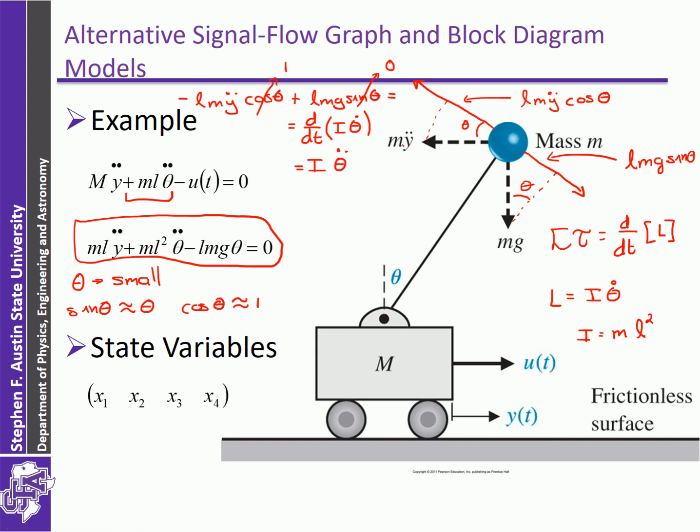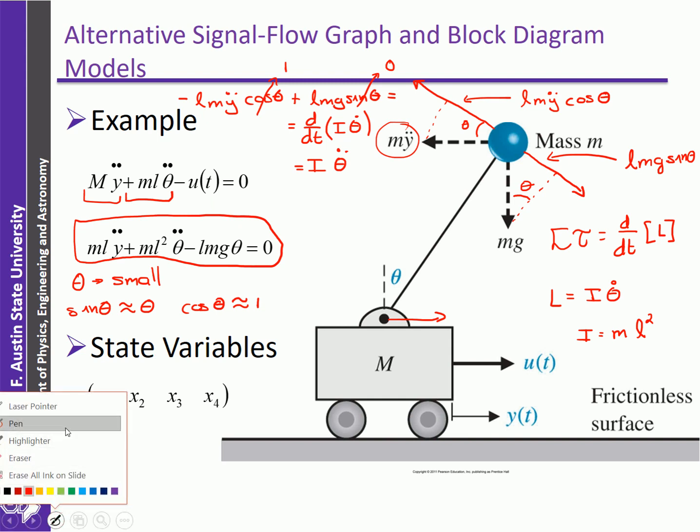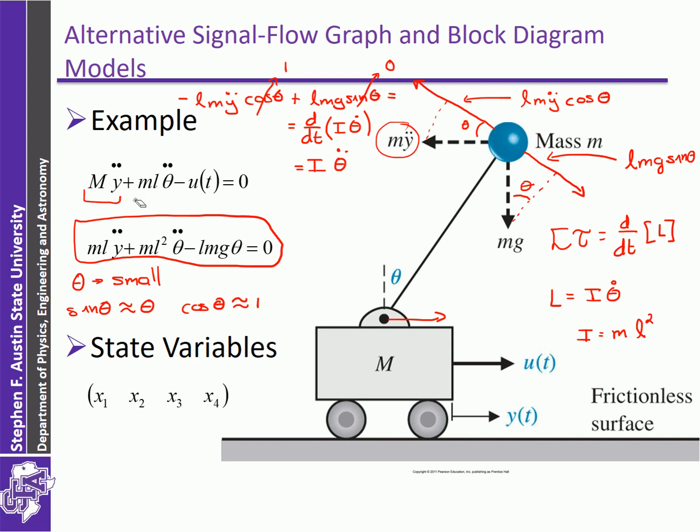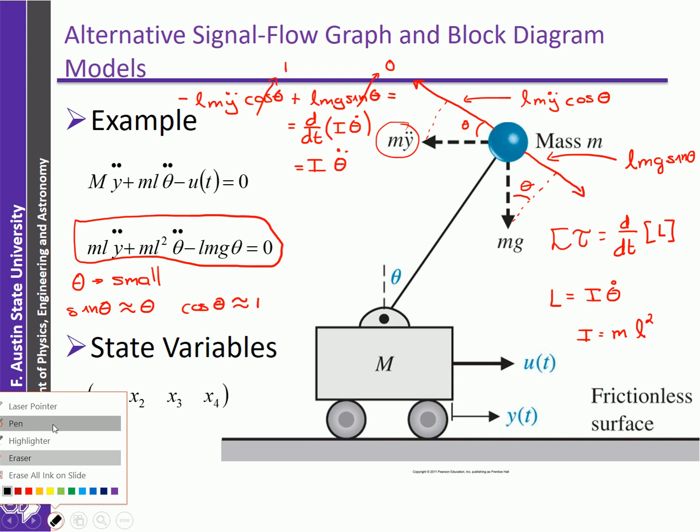So if the torque is this one, we're going to have a tangential torque in this direction. So that means we're going to have the torque plus the mass times the acceleration. Hold on, I think I got something wrong. Actually, the torque is going in the opposite direction.